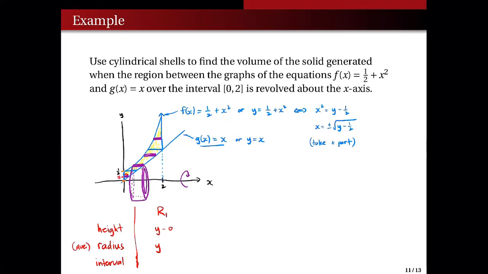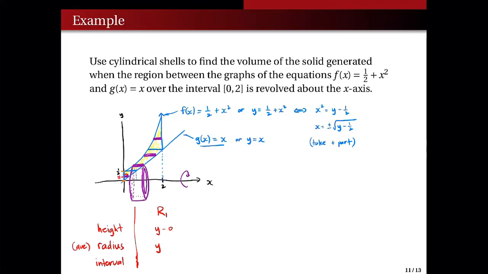Because it's actually the bottom of your parabola, and the bottom of the parabola occurs when x equals 0.